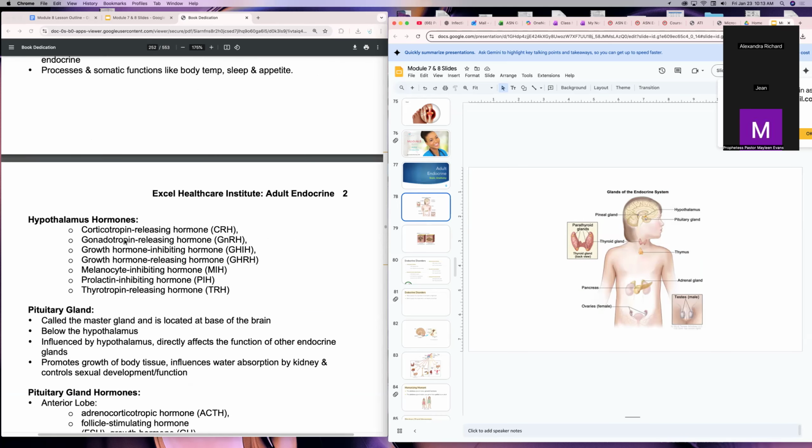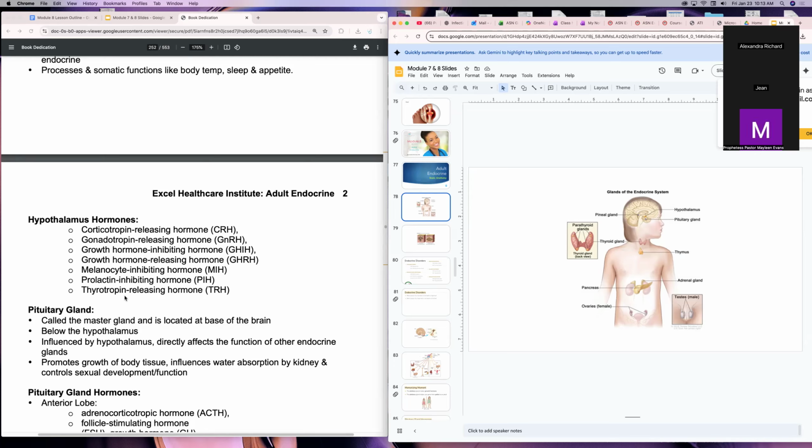So here are a list of hormones released by the hypothalamus, and you're going to see some of these names again, and it's going to click. So corticotropin releasing hormone, gonadotropin releasing hormone, growth hormone inhibiting hormone, growth hormone releasing hormone.